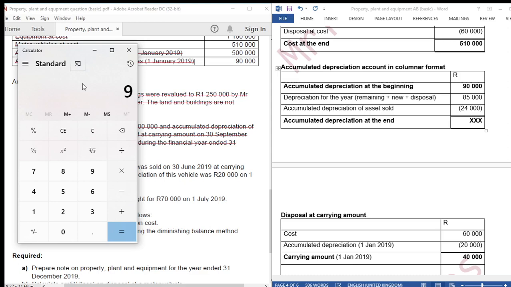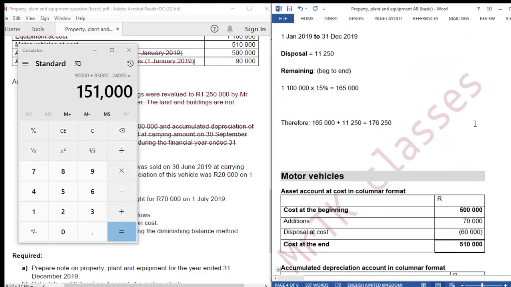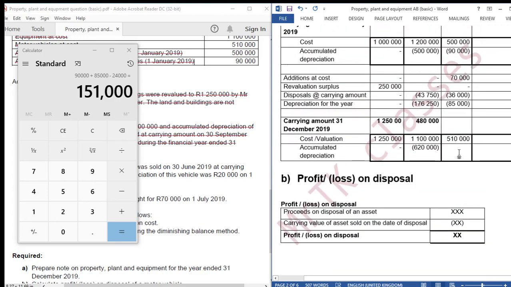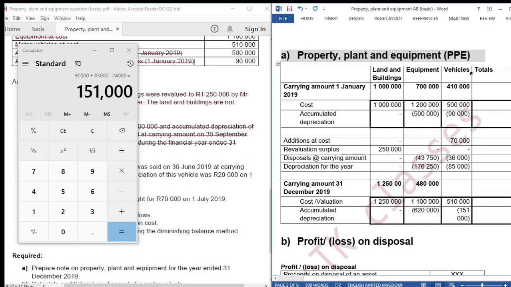Then 90,000 plus 85,000 subtract 24,000 is equals to 151,000. We'll come here, 151,000.